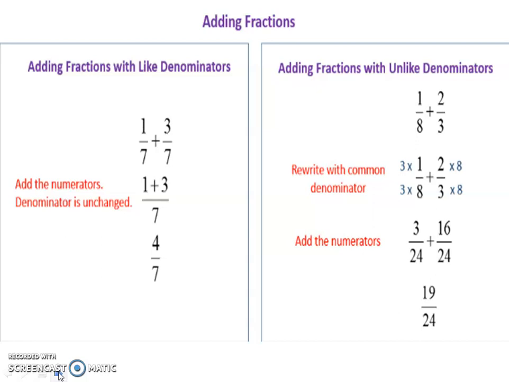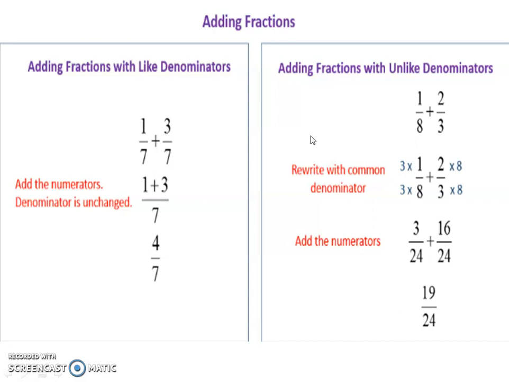First one, adding fractions. You have two types of addition, adding fractions with like denominators and adding fractions with unlike denominators. If it is like denominators, it is easy for you to add the fractions. You will just add the numerators. If you are having unlike denominators, what will you do?